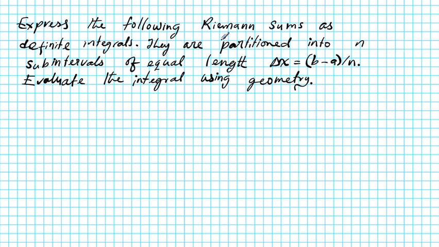Before I start, let's go over the general definition of the limit of the Riemann sum as an integral. I'm just going to write this on the side. This is based on the assumption that we have n equal subintervals partitioned in an interval a to b.